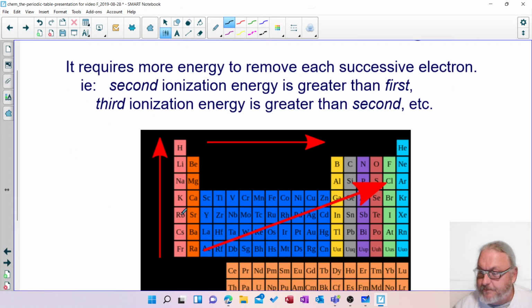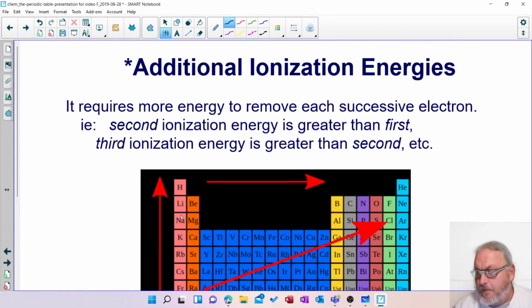So, we talked about the first ionization energy. Let's go into the additional ionization energies. It requires more energy to remove each successive electron. So if I remove the first electron from beryllium, it's going to be the first ionization energy.